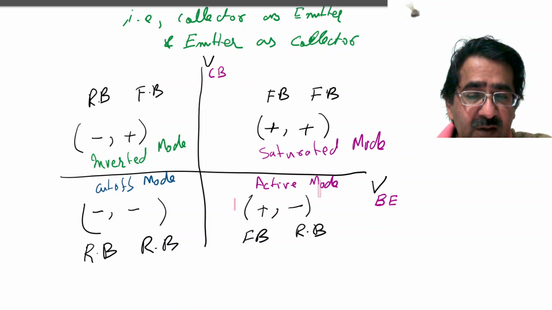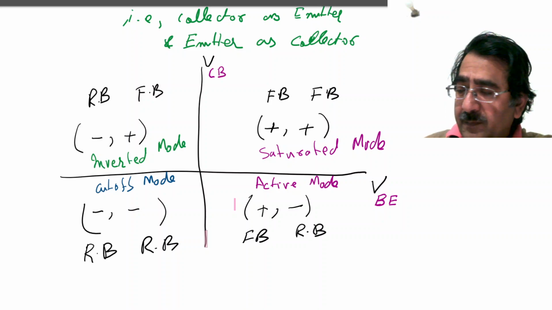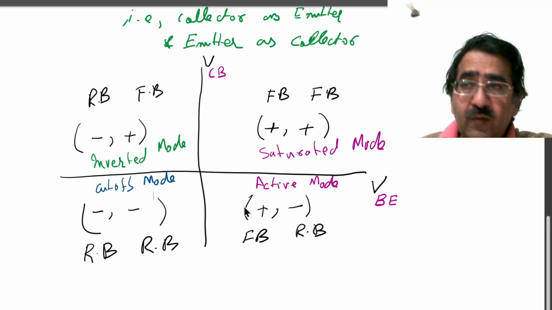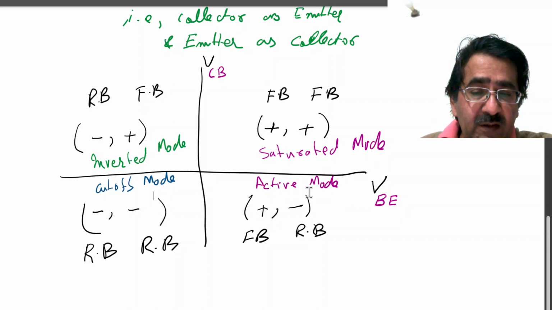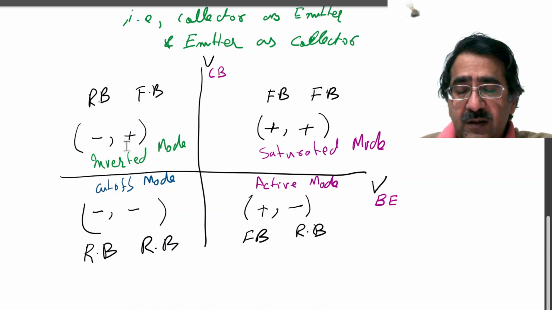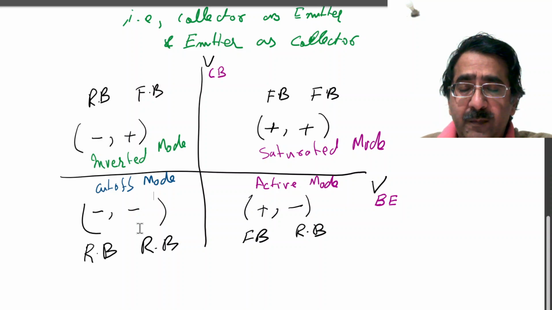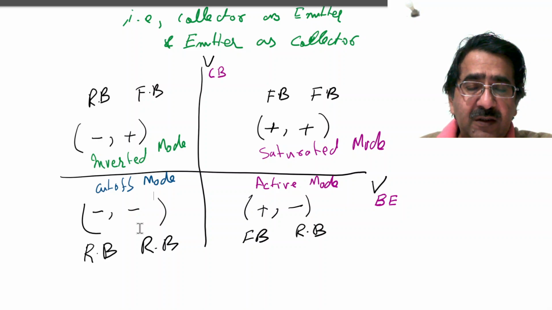In this mode the transistor will behave like a short circuit and current will easily flow through it. In the cutoff mode the transistor will be switched off and will behave like an open circuit, meaning no current will flow through the transistor.